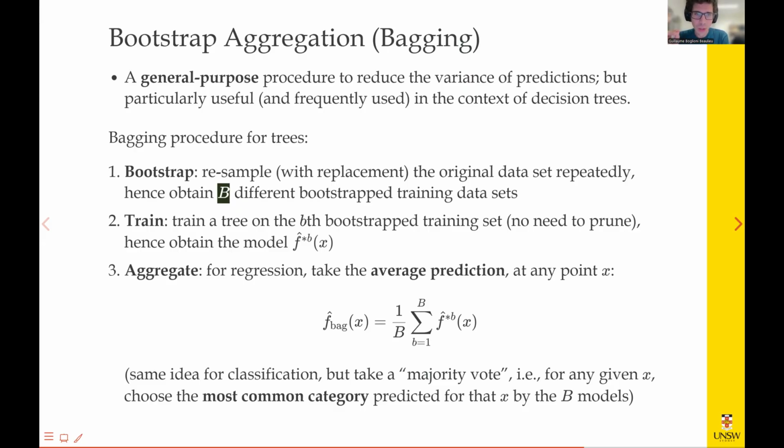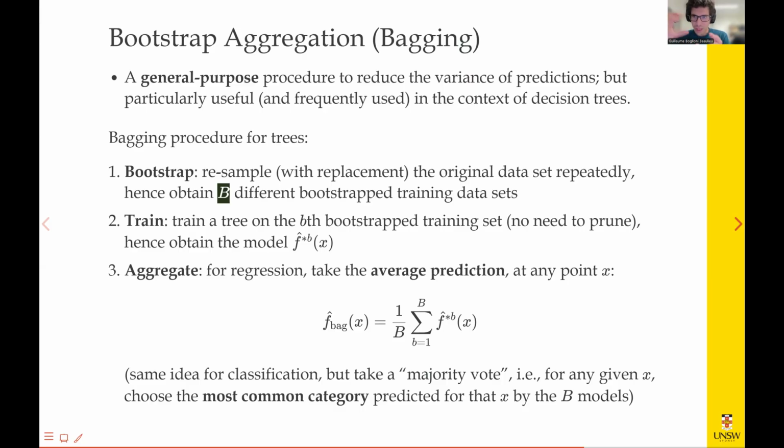Just as a side note, for bootstrap aggregation, it's not critically important how many bootstrap samples you have. It's not a parameter that is vastly important. Basically, you just need it to be high enough that you achieve a good level of reduction in variance. But there's no problem with having it very large. You're not going to overfit just because it's very large. But anyway, that's a side note.